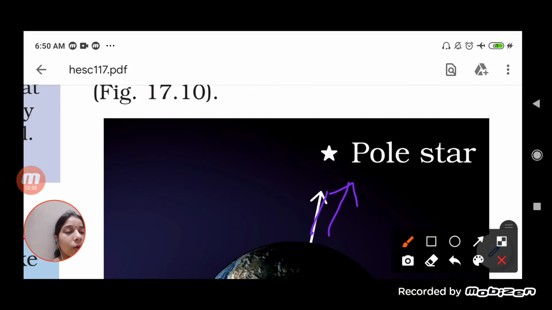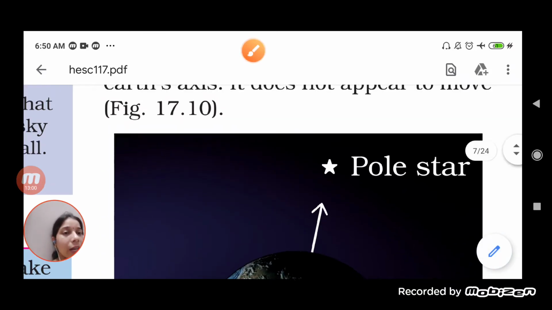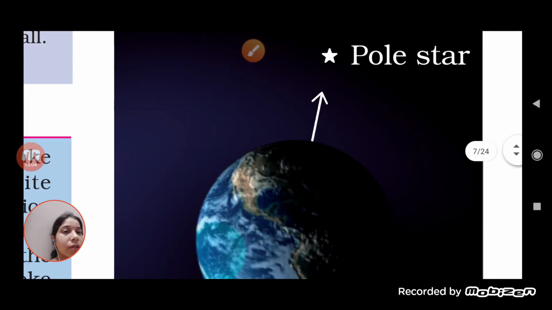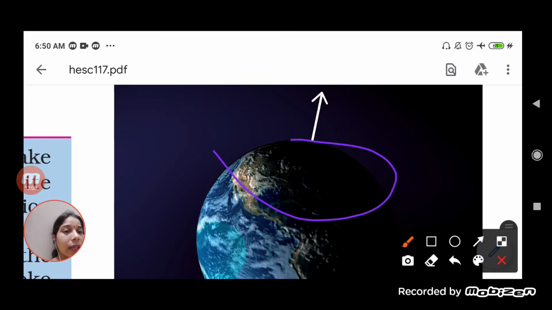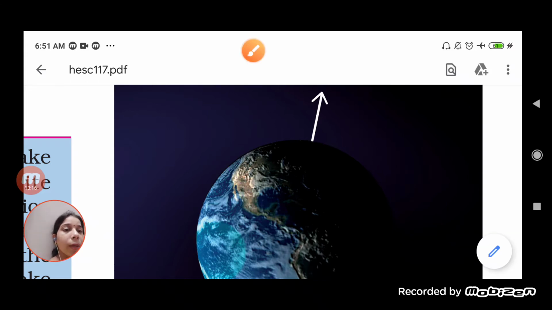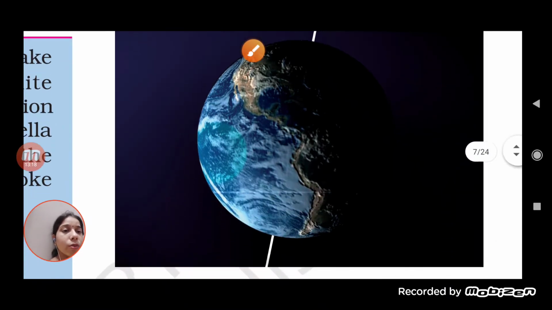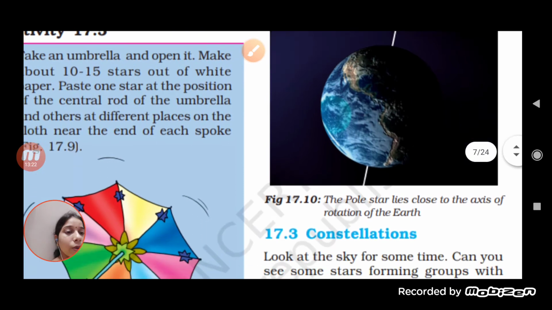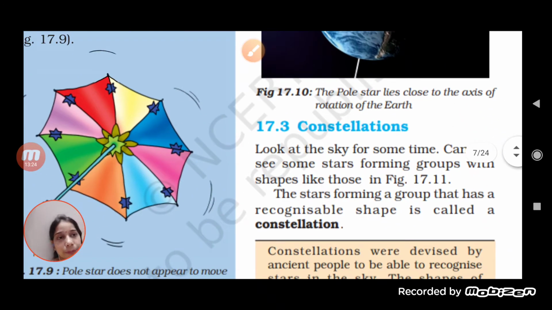This is the axis on which the pole star is present, and obviously because the earth is rotating in this direction, but the star is present here, it is not going to rotate along with it, it will remain present at its own place. Okay, this is the pole star which is present at the axis of the earth.